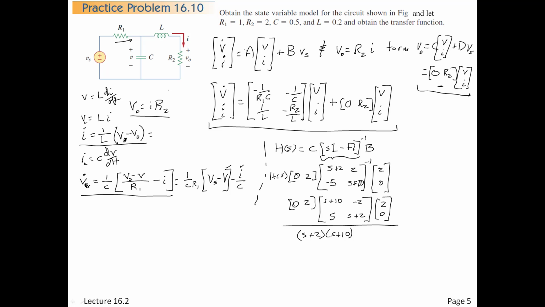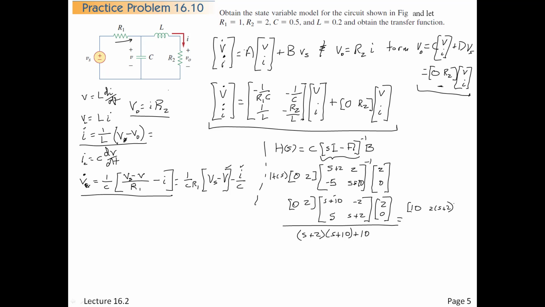Right, minus, so that'll be plus 10. All right, and the top, we can have 0 and 2, so that'll be 10. 0 times this is going to be 0. 2 times that is 10. And then 0 times 2 is 0. And 2 times this, so this will be 2 times s plus 2.